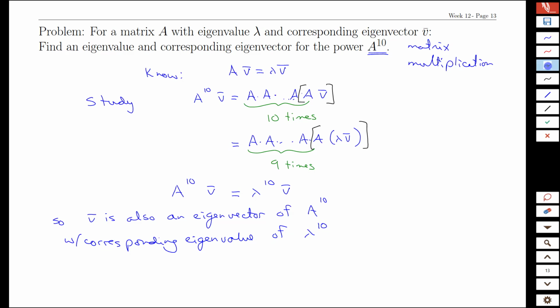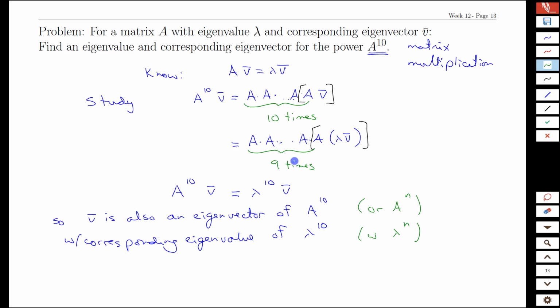Now, I hope it's fairly obvious the 10 is not a magic thing here. We could have done 100, we could have done 1,000,000, we could have done 7. A to any power would have worked, and we would have gotten the multiplicative effect lambda to that power instead.